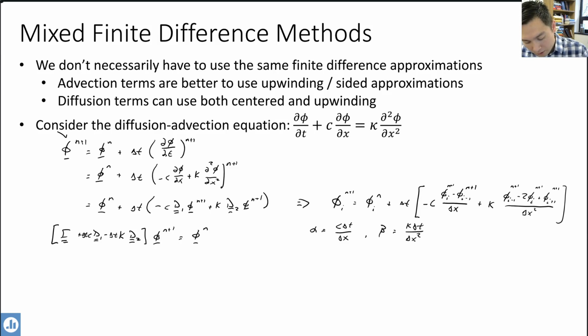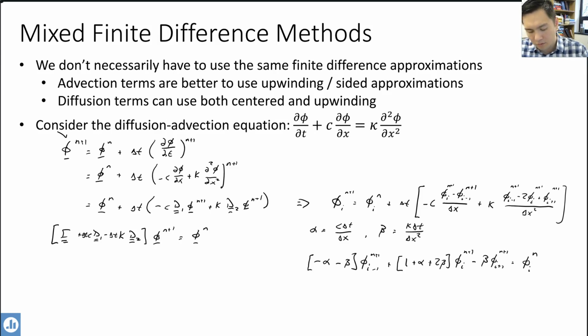We would have minus alpha minus beta times phi i minus 1 n plus 1, plus 1 plus alpha plus 2 beta times phi i n plus 1, minus beta phi i plus 1 n plus 1 is equal to phi i n.